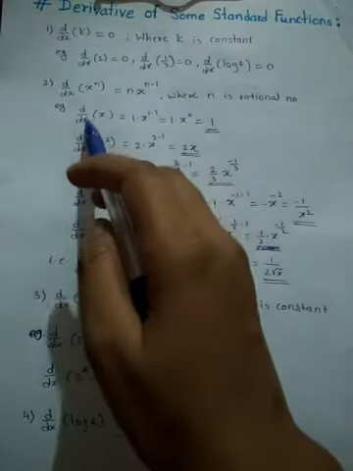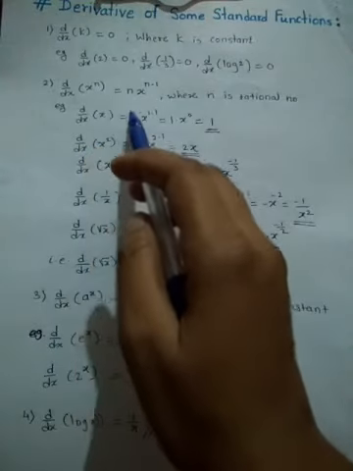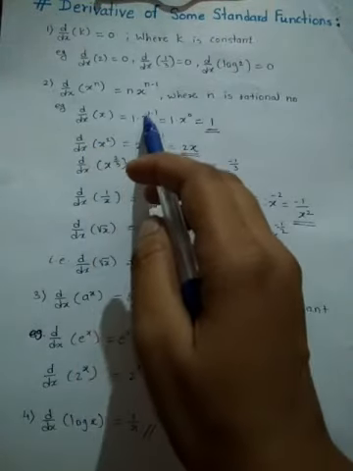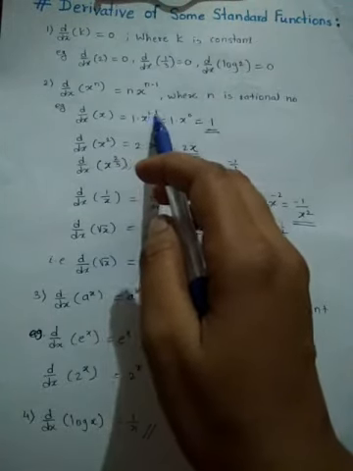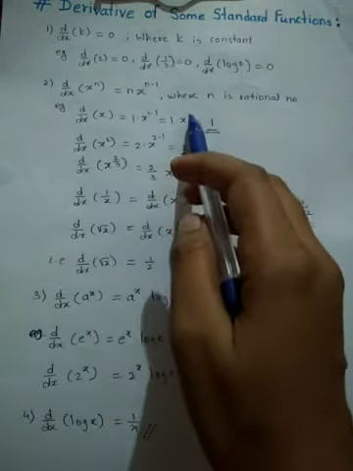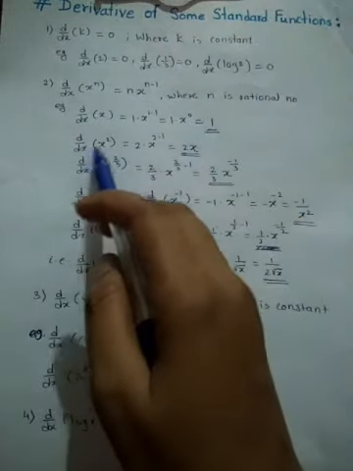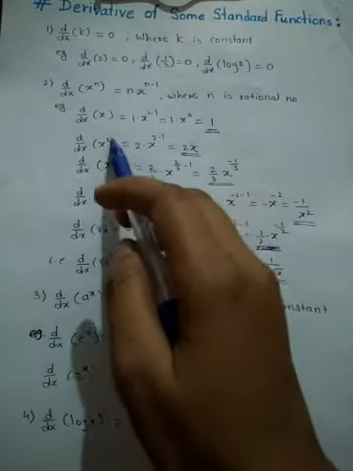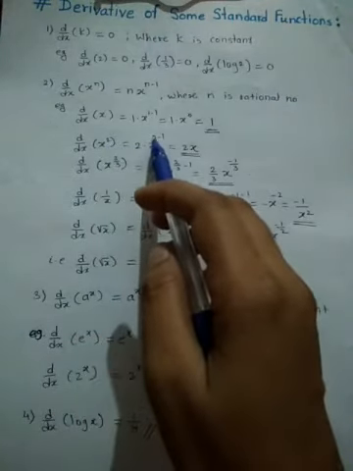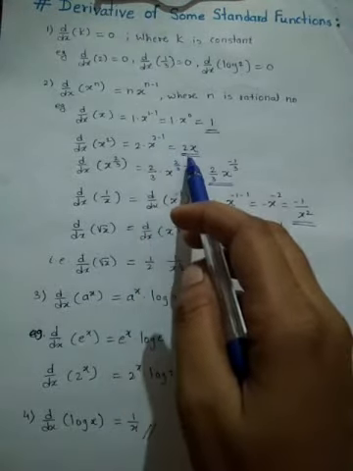For example, derivative of x, that is x raised to 1: take power outside, 1 into x raised to 1 minus 1, x raised to 0, any number raised to 0 is 1, so 1 into 1 is 1. Similarly, derivative of x square equal to 2 into x raised to 2 minus 1, which is equal to 2x.